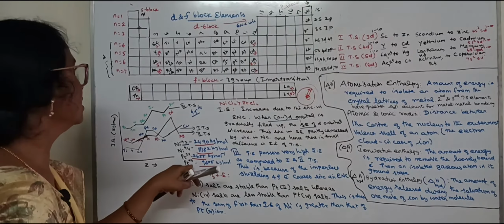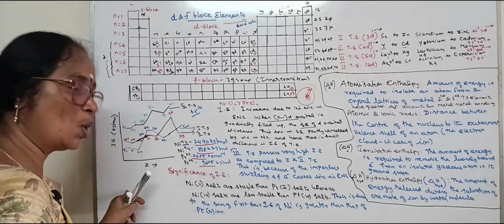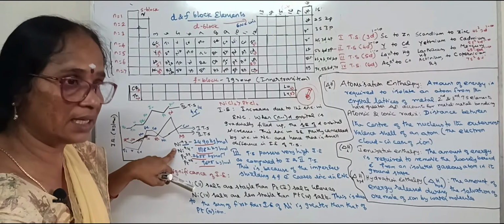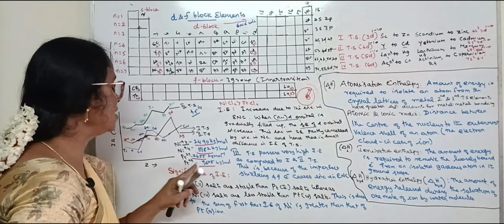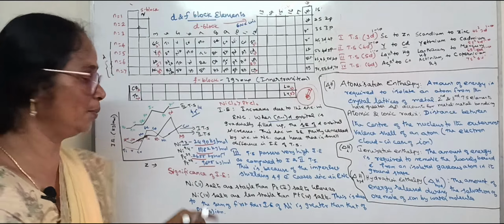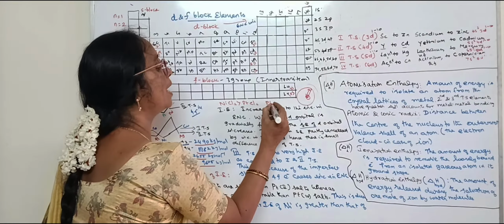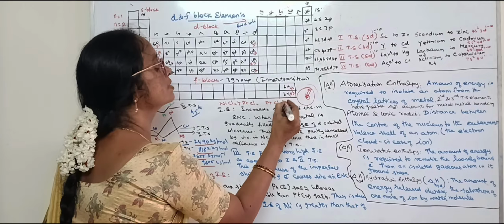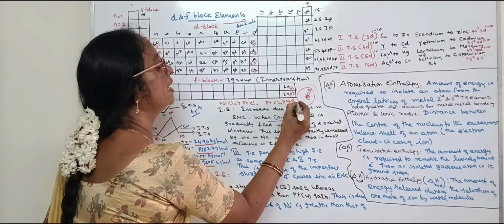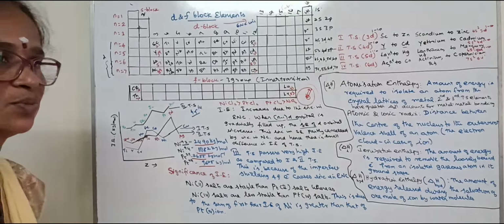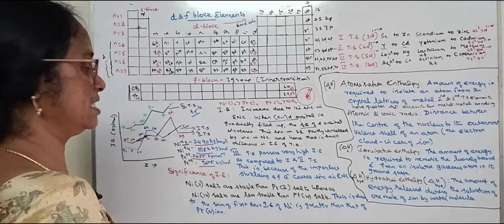Here also, platinum has very low energy compared to nickel, and hence platinum 4 salts are more stable than nickel 4 salts. So we can write PtCl4 is more stable than NiCl4. So this is the significance of ionization enthalpy.